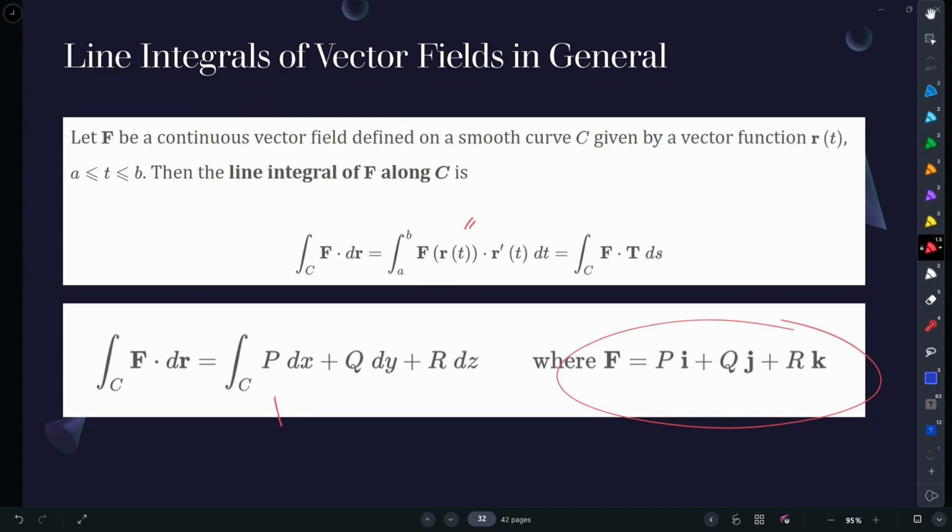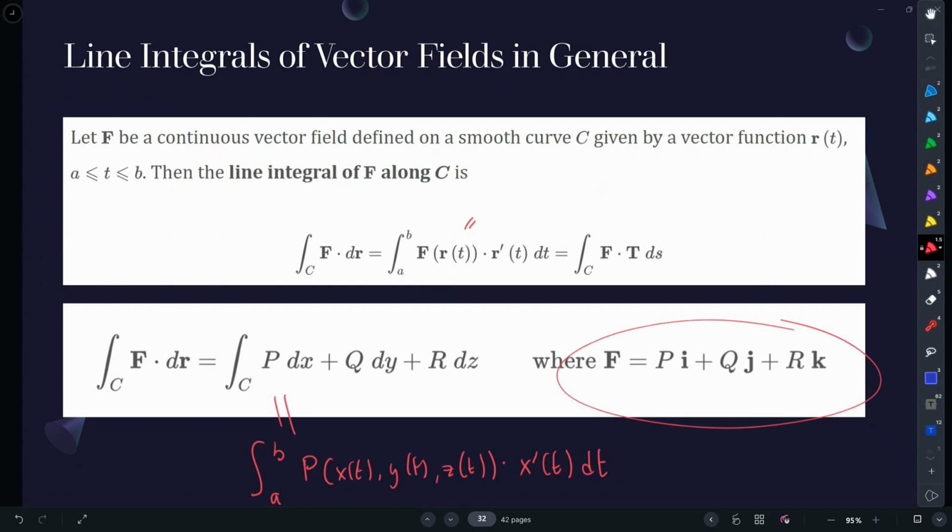The integral of P dx is precisely the integral from a to b of P of x of t, y of t, z of t times x prime of t dt, where that times is really times, no dot product.